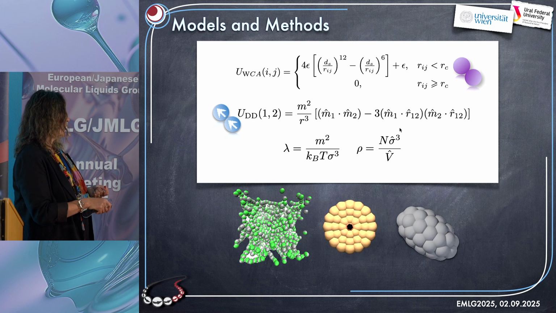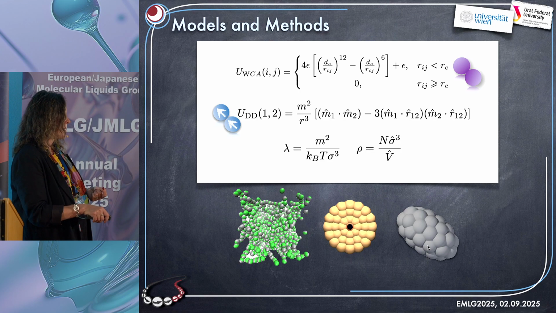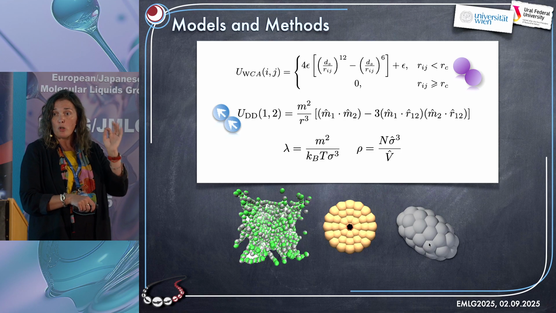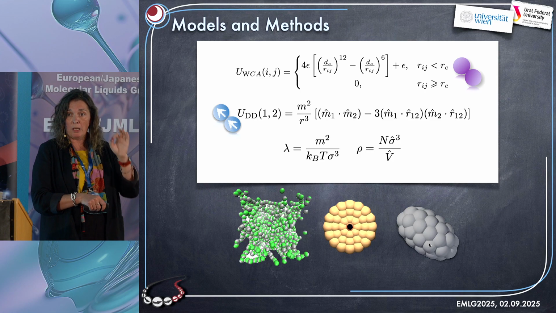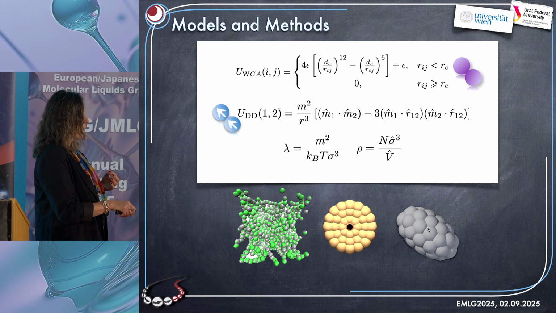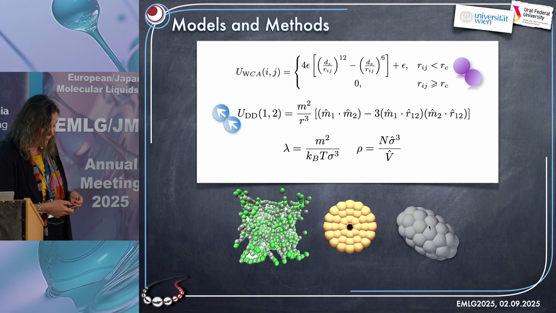So for instance, if you don't want to have only a point dipole that is in the center of this particle, but you have some distributed set of dipoles within these particles, you can assign to each of these raspberry beads, they're called raspberry representations for obvious reasons, each raspberry bead can have basically a dipole moment. So this is what we do.